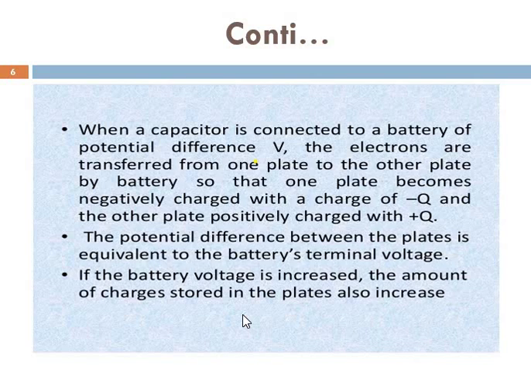If the battery voltage is increased, the amount of charge stored on the plates also increases. Here we can see that the charge is directly proportional to the voltage. If we increase the voltage, more charge will be stored on the capacitor. If we decrease the voltage, less charge will be stored on the capacitor.